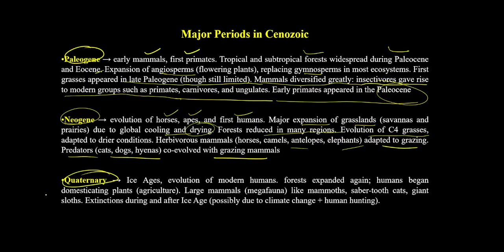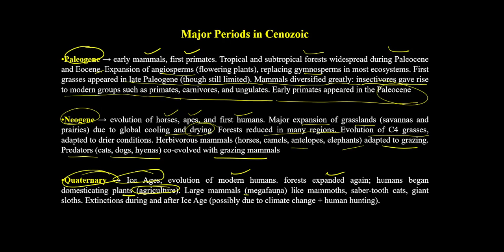Then the Quaternary period. The Ice Age was a part of the Quaternary period, and evolution of modern humans was observed in the Quaternary period. Forests expanded again, and humans began domesticating plants, or we can say in this period humans started agriculture.